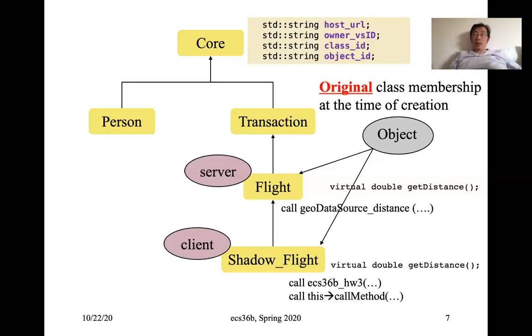So when you are presenting an object, I say this object is a flight, you actually don't know whether it's a shadow flight or a flight, because that information is gone through casting.